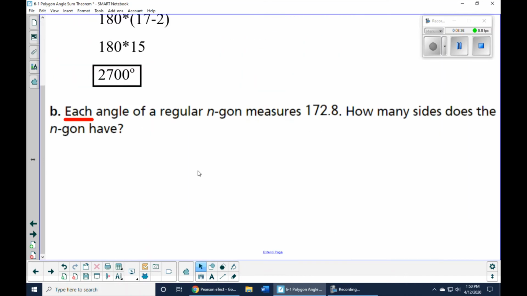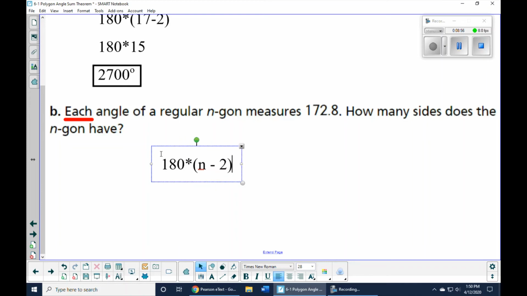Okay, now this one's going to be a little bit trickier. It says each angle of a regular n-gon, we don't know how many sides it has, is 172.8 degrees. So we want to figure out how many sides there are. We're going to take our formula, 180 times n minus 2, divided by n.